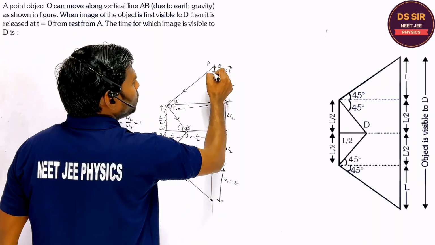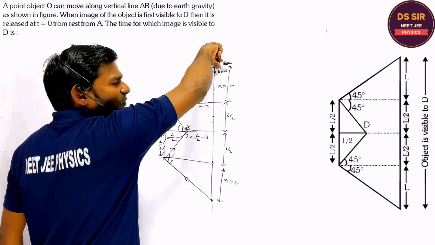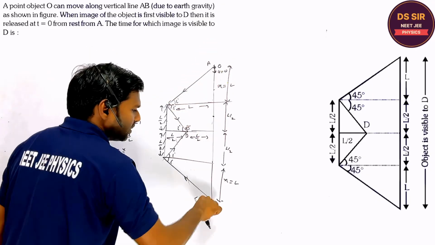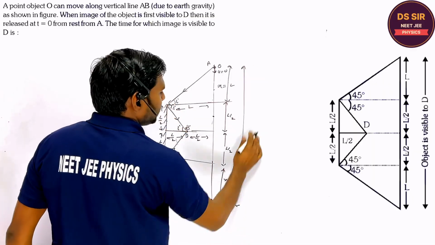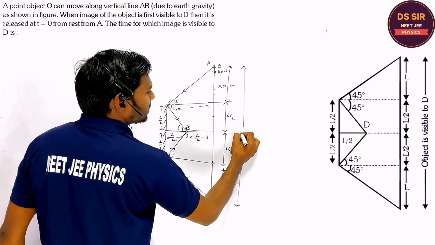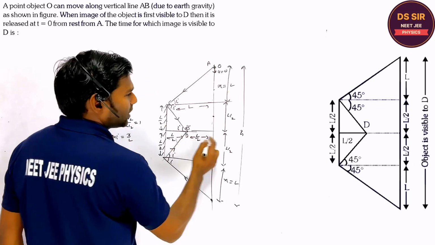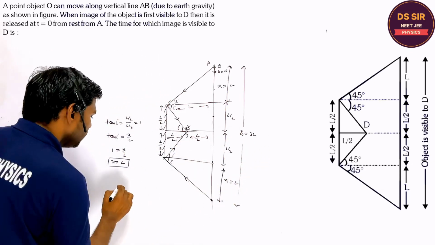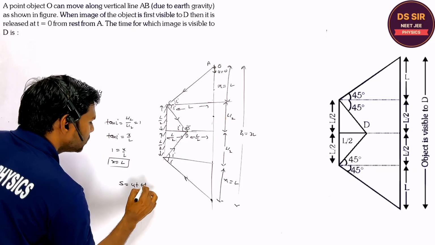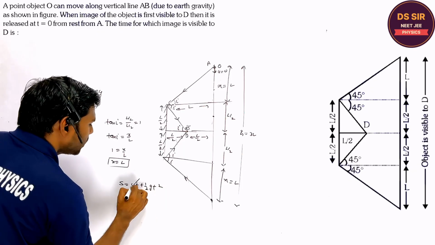So if the point object is released from rest under gravity, how much distance does it have to cover till it is seen by this eye? The height is 3L. So what will you apply? S is equal to ut plus half gt square, u is 0.